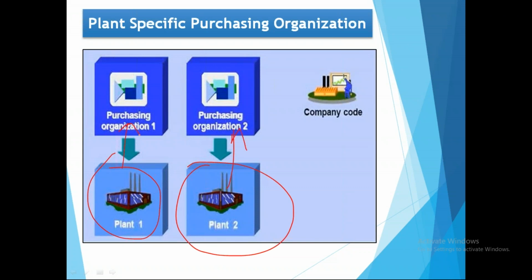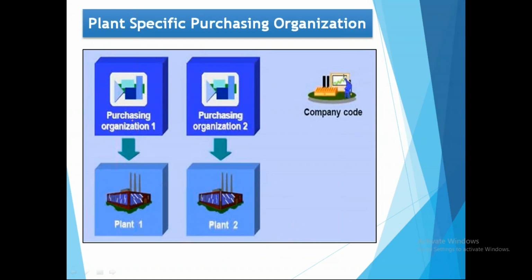Company code will remain the same, but every plant will have their own purchasing department and take care of their own purchasing. Then for each plant, you will create a separate purchase organization and assign it. I'll show you that in the system. So this is called plant specific purchasing organization, a decentralized scenario.